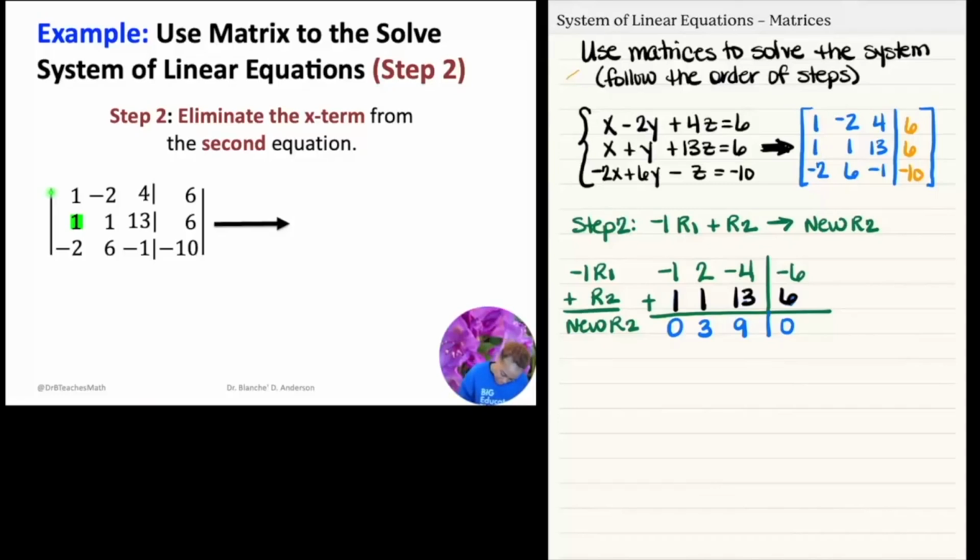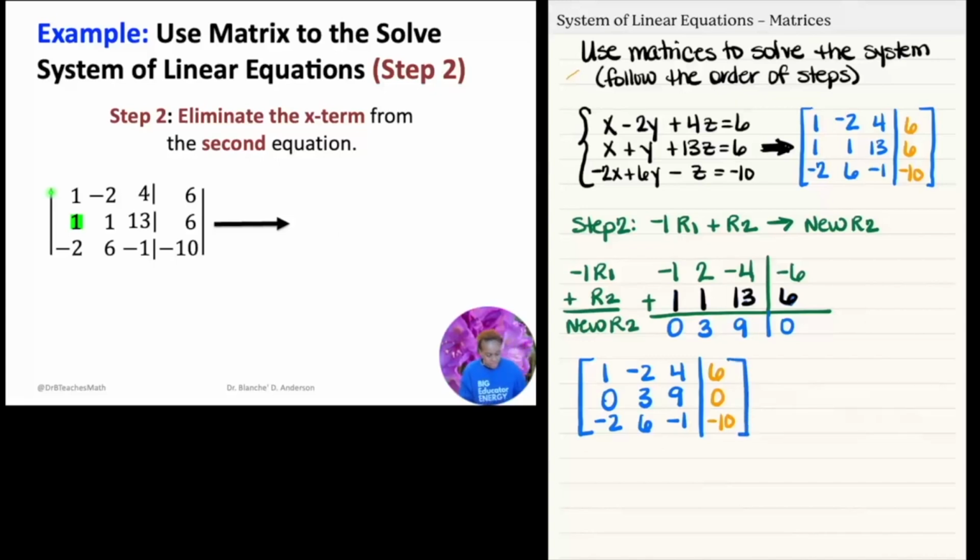So now my matrix is going to look like this. We're going to have 1, negative 2, 4. I'll come back and write the constants. 0, 3, 9, and then negative 2, 6, negative 1. My constants are 6, 0, and negative 10.